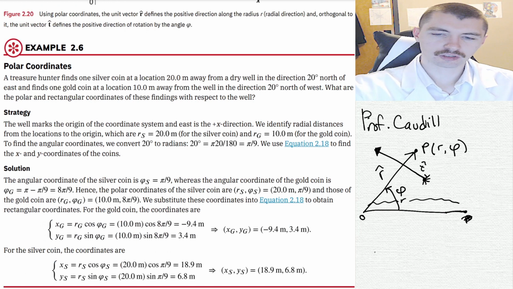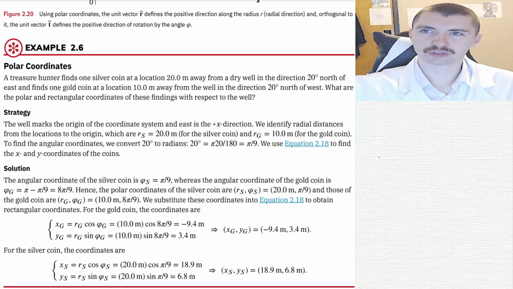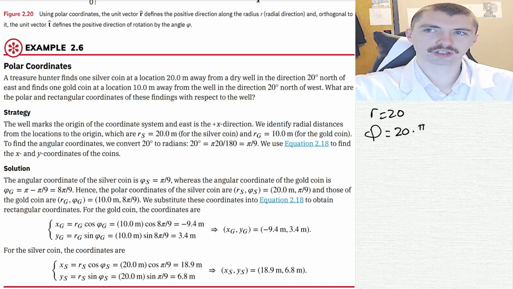So let's try this example. A treasure hunter finds one silver coin 20 meters away. So R is 20 in the direction of 20 degrees northeast. So 20 times pi over 180, because we're converting it to radians.